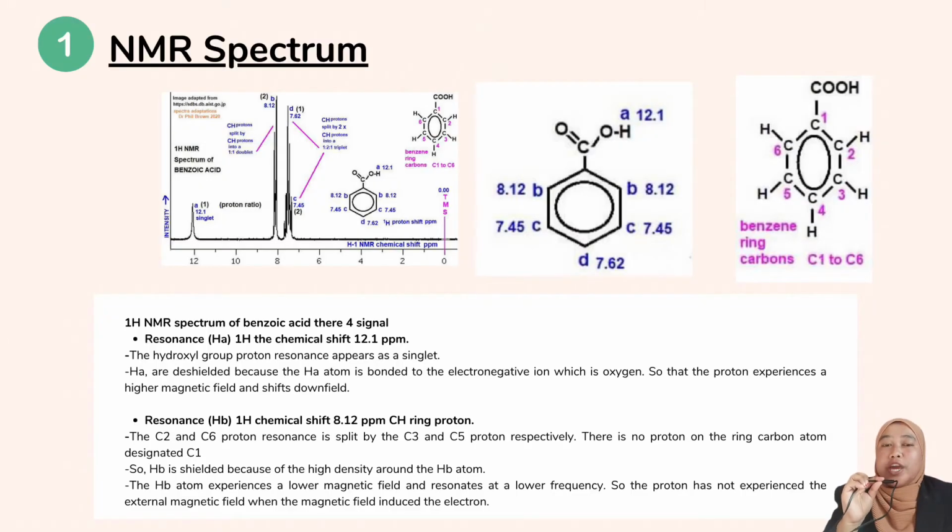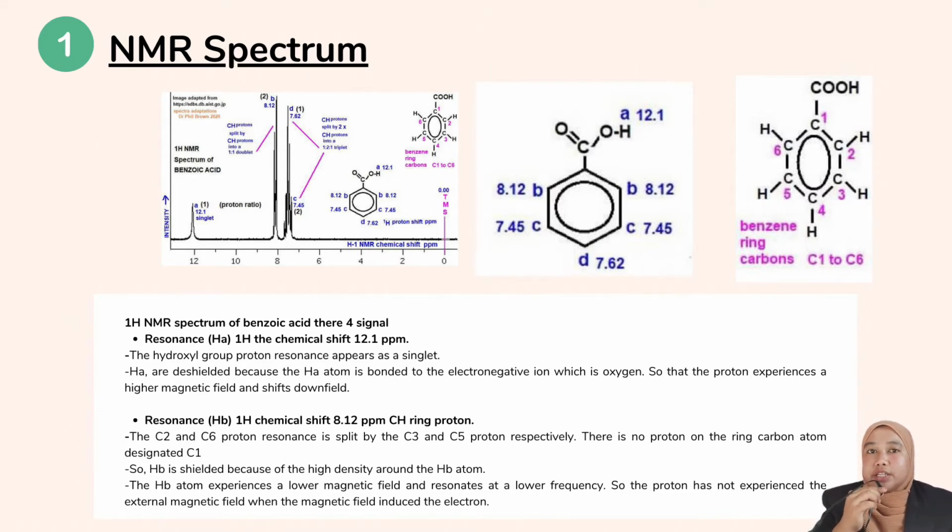The spectroscopy of benzoic acid. First, the 1H NMR spectrum has 4 signals. HA is a singlet and deshielded because the HA atom is bonded to an electronegative atom, which is oxygen, so the proton experiences a higher magnetic field and shifts downfield. For resonance HB, the chemical shift is at 8.12 ppm. The C2 and C6 proton resonance is split by the C3 and C5 protons respectively.